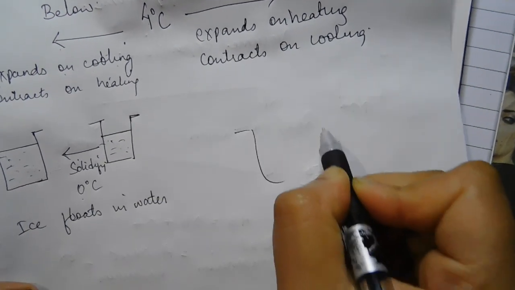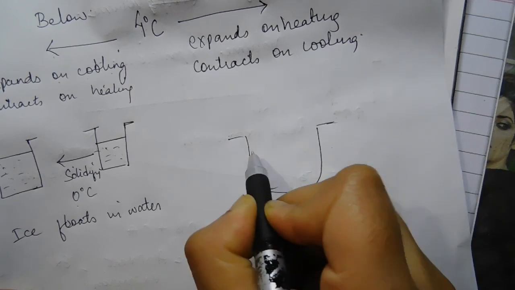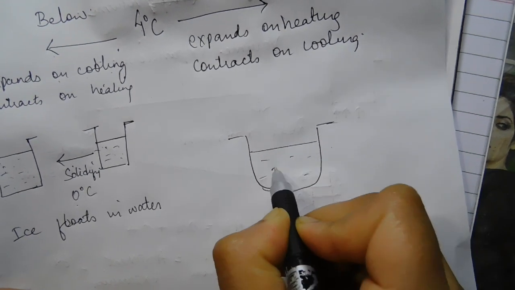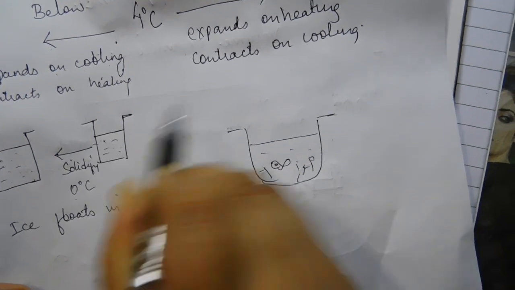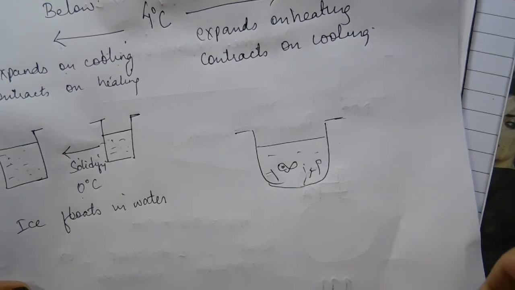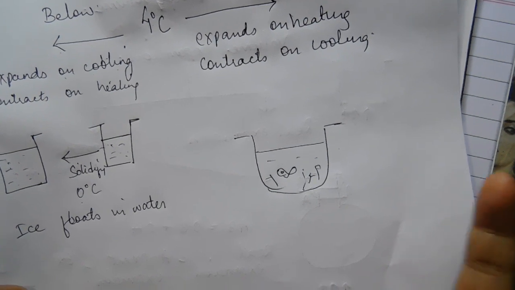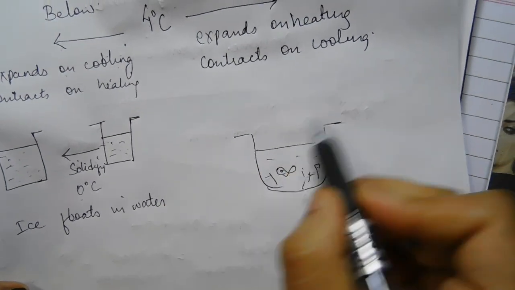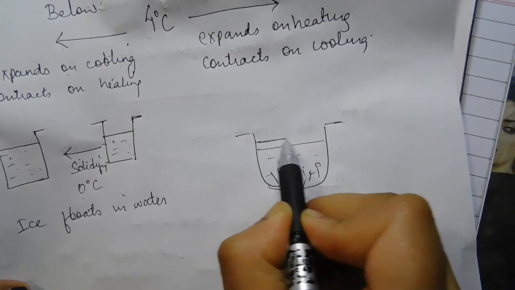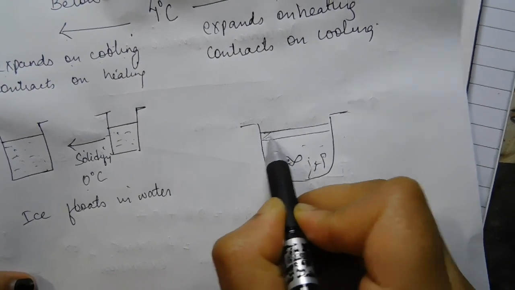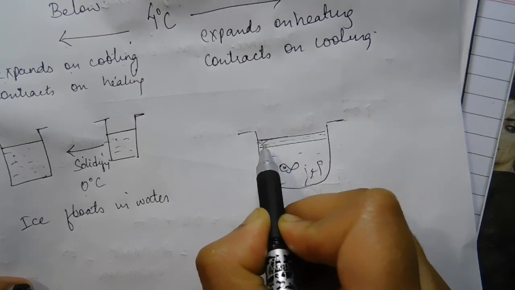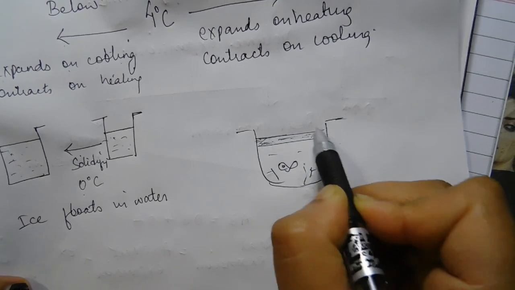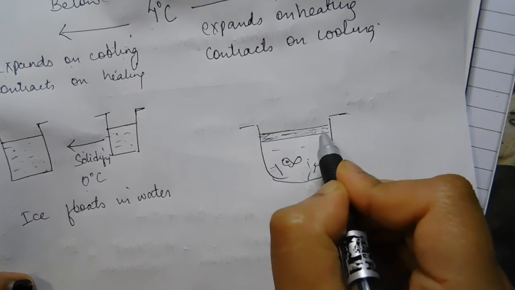Let's draw a pond out here. Suppose we have got a pond where the aquatic plants and animals are there. In the cold regions where the temperature is 0 degrees or falls below 0 degrees Celsius, what happens is the topmost layer of the pond changes into ice. So there is a layer of ice at the top of the pond, at the surface.